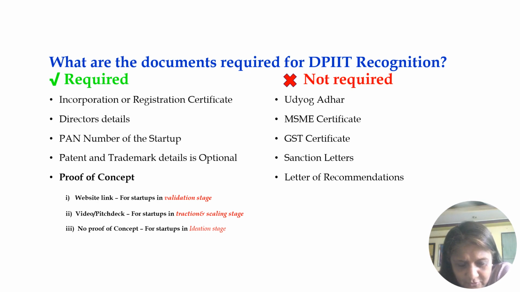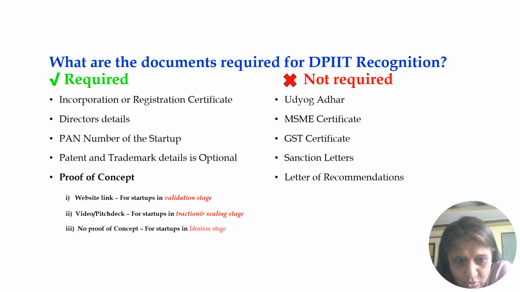So here the proof of concept is bifurcated based on the type of the startup. So if a startup is in the validation stage, here the website link has to be provided. The next startup is a little bit on a lower side, which is traction or a scaling stage.